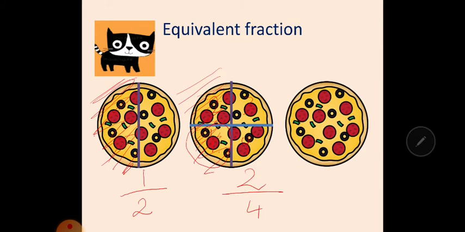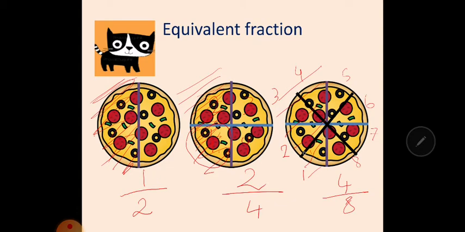This is my pizza, and this time I will cut into 8 pieces. If she still will eat half of the pizza, that means she will eat how many pieces? Count them. Start from the colored one. 1, 2, 3, 4. So she will eat 4 out of 5, 6, 7, 8. 4/8. So if she takes this 4/8, she can eat it in 4 parts. It will be easy for her.